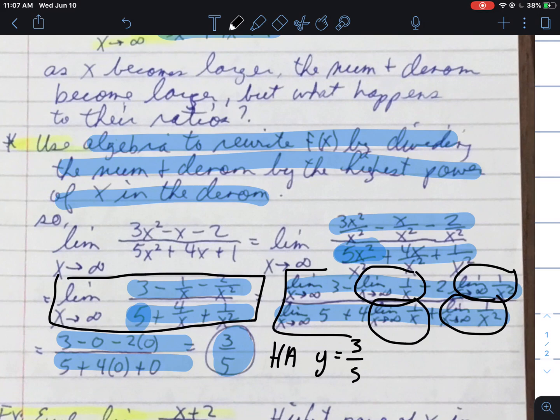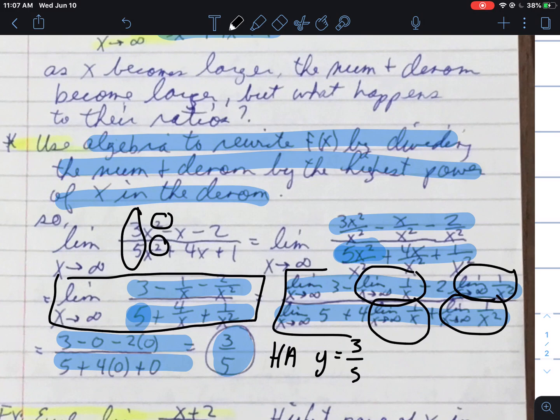And if you remember from algebra, you may or may not remember, but when you're dealing with rational functions you would compare the degree of the numerator with the degree of the denominator. And if the numerator and denominator had the same degree, then that was your horizontal asymptote. So there's kind of an algebraic tool at work here, but that only works if it's a rational function, right? So what do we do with functions that are not rational?